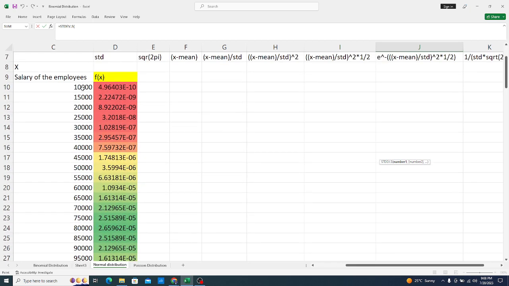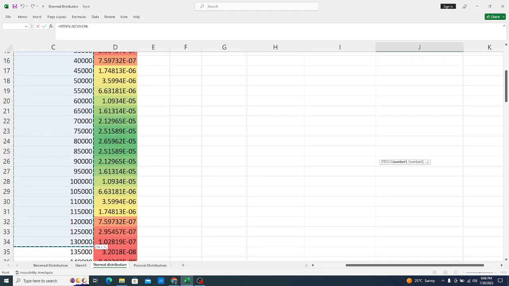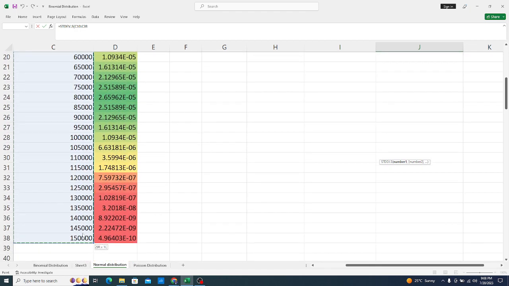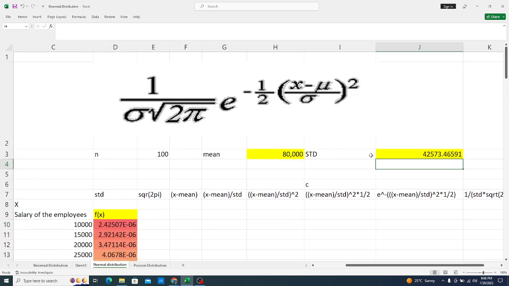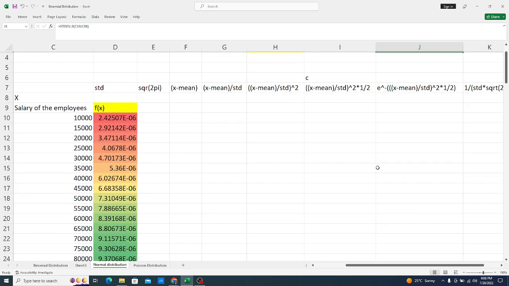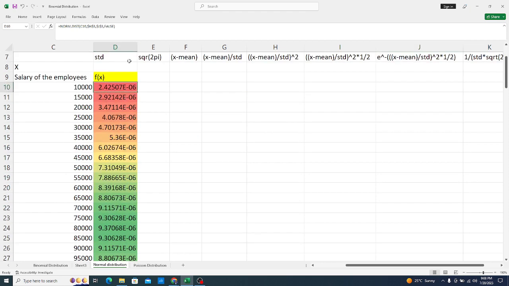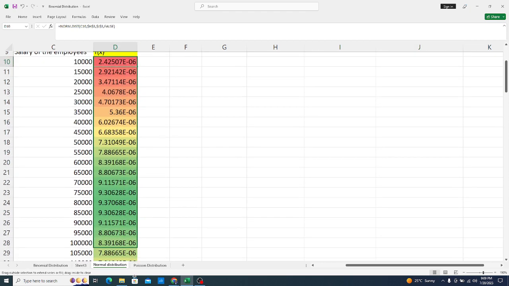So in this case we are dealing with sample data, so we'll need the sample standard deviation, and close that. Now we have our new average salary per annum, and this is our standard deviation salary.